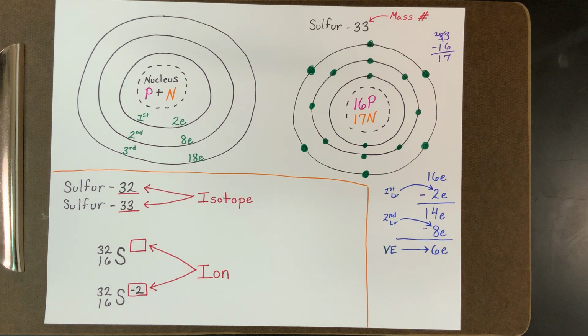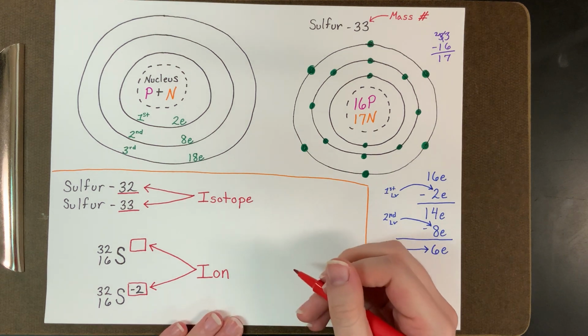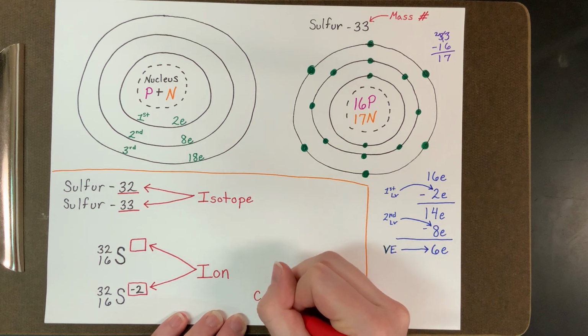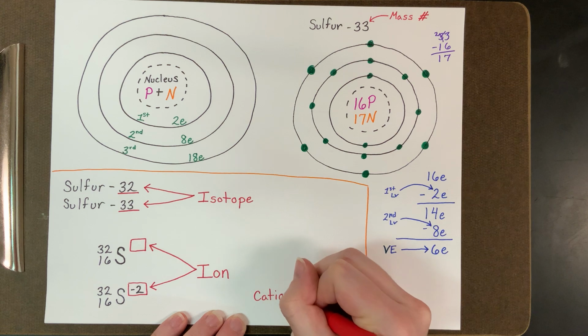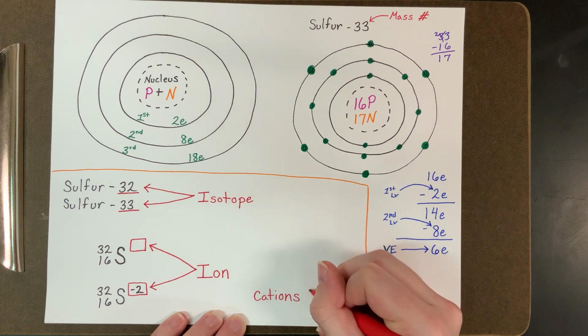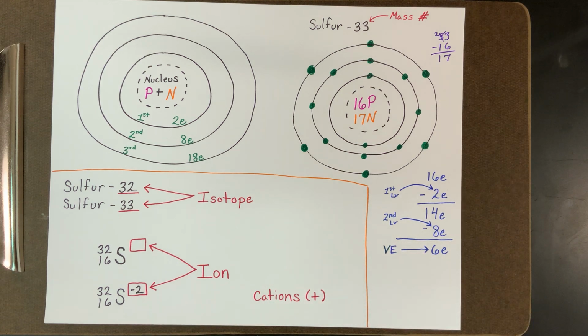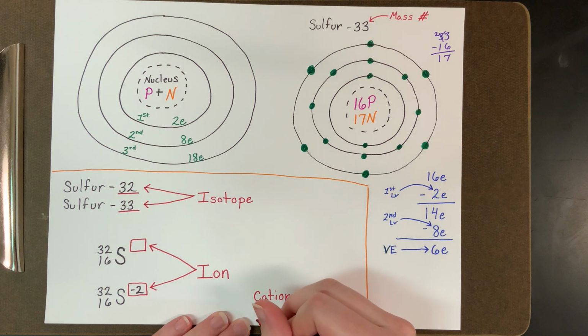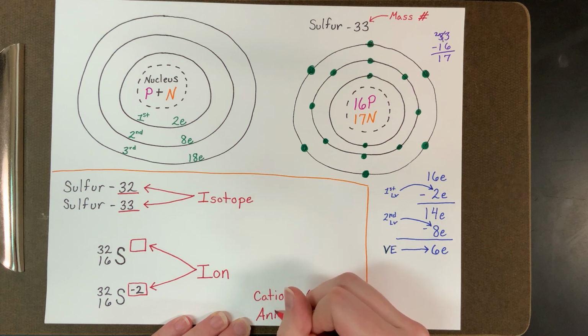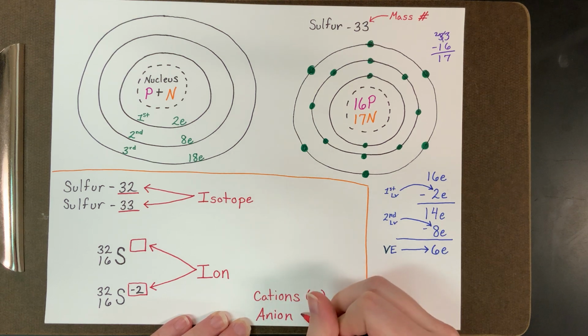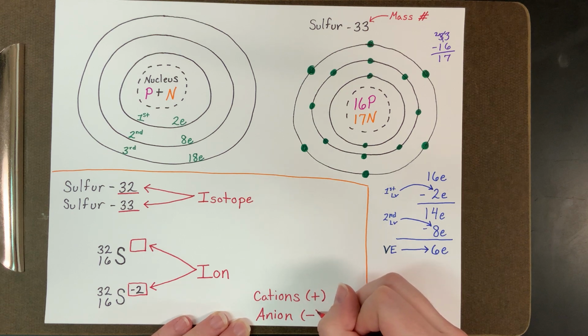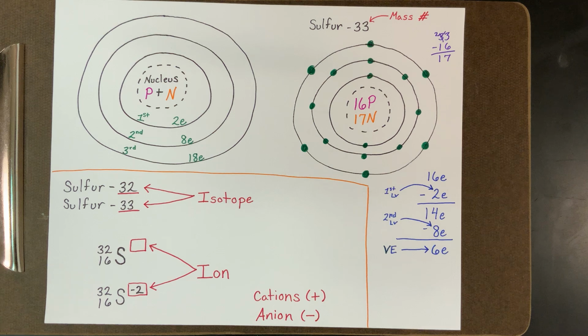Something to remember with ions is that you have 2 different types. The first one is cations, will always have a positive charge. So anytime I have a +1, +2, +3, or +4 charge is going to be a cation. Anions are going to have a negative charge. So anytime I have a -1, -2, -3, -4, those are all anions.